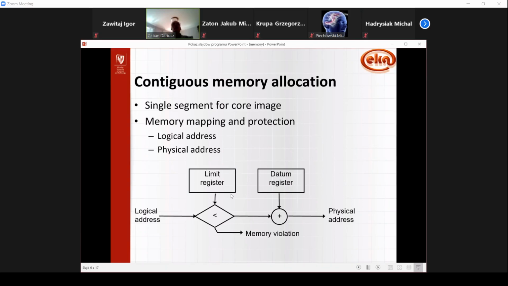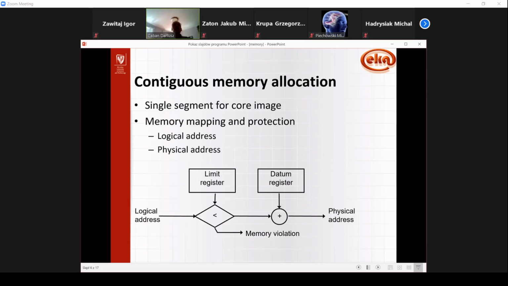Anyway, the whole problem is that in this case, you have problems with something called fragmentation of memory. If a program is loaded into memory, afterwards a different program is loaded after it, and so on.